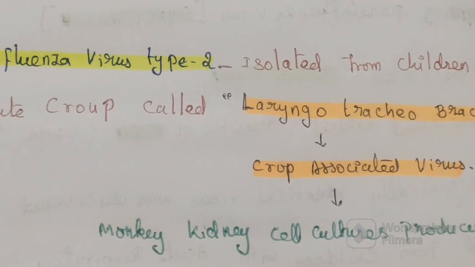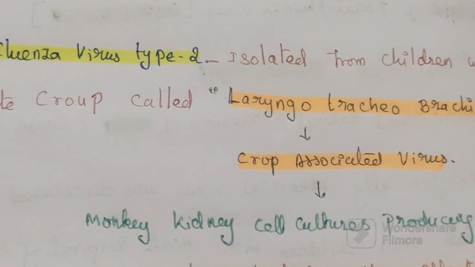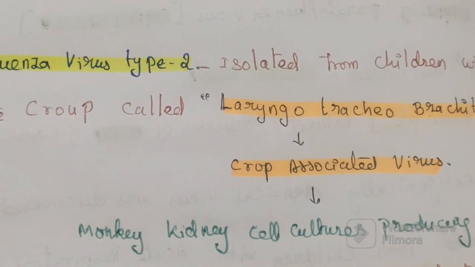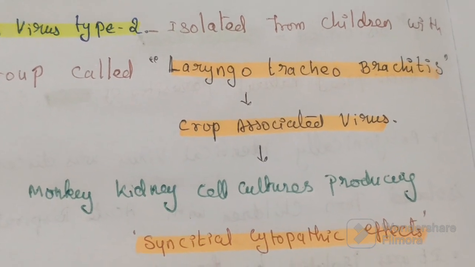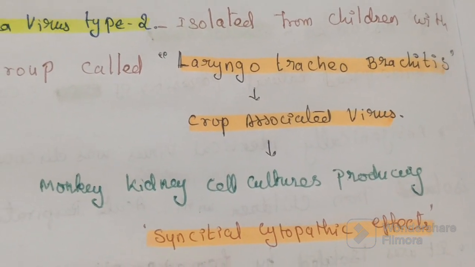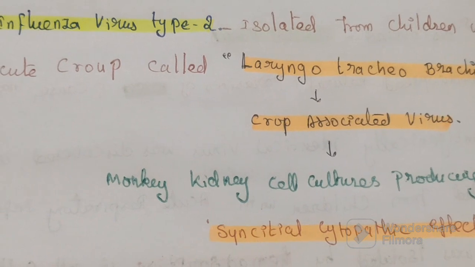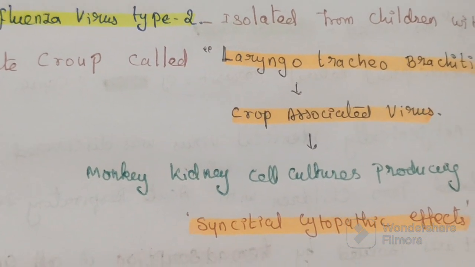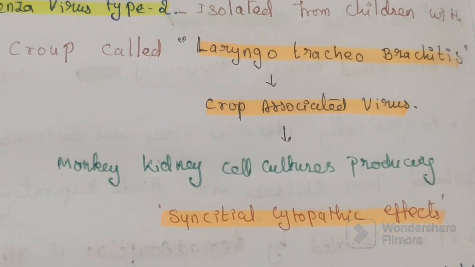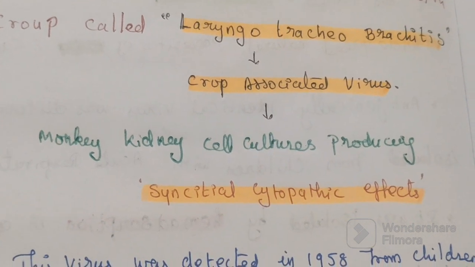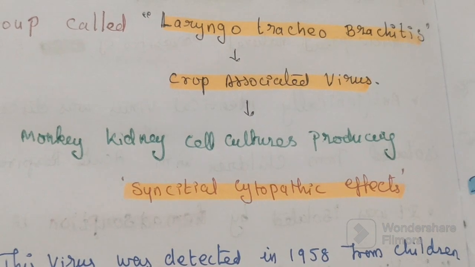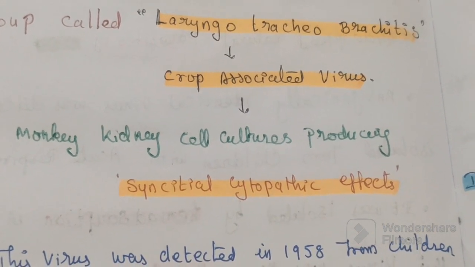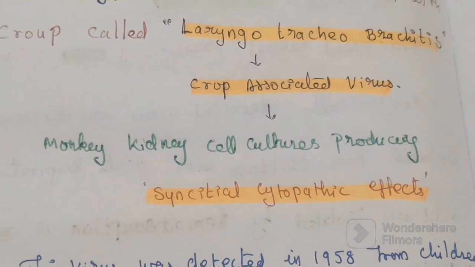That's why it is also called croup associated virus, CA virus. This virus grows in monkey kidney cell culture, producing syncytial cytopathic effect.